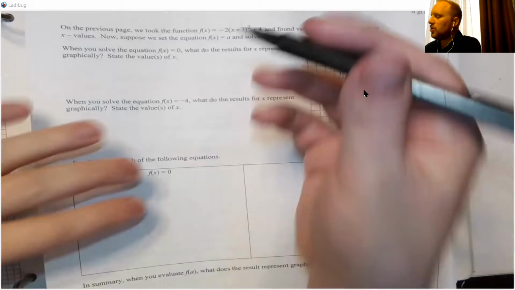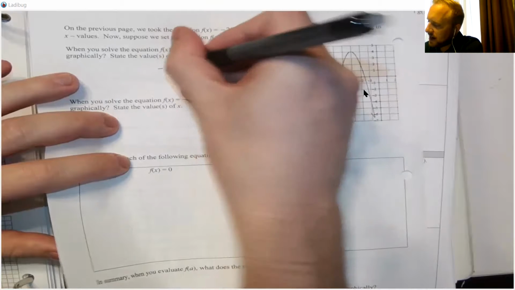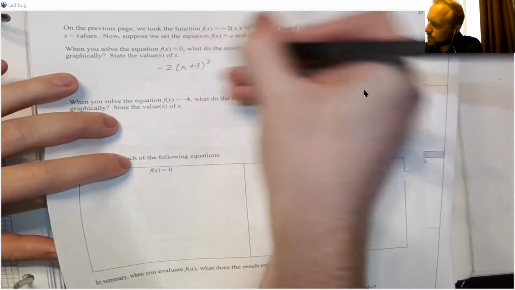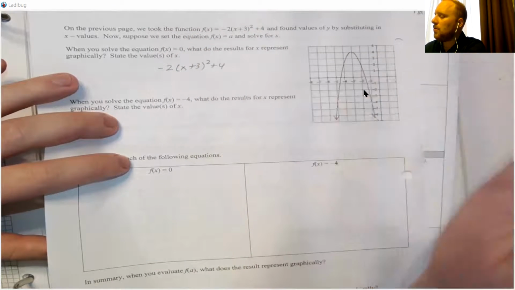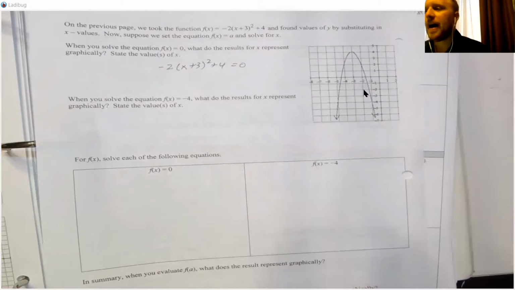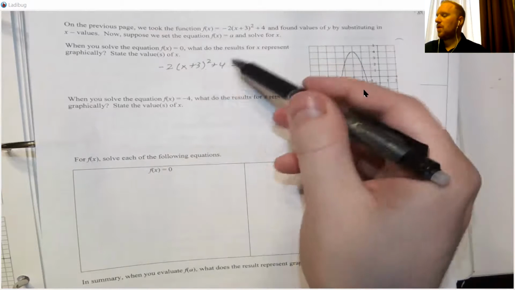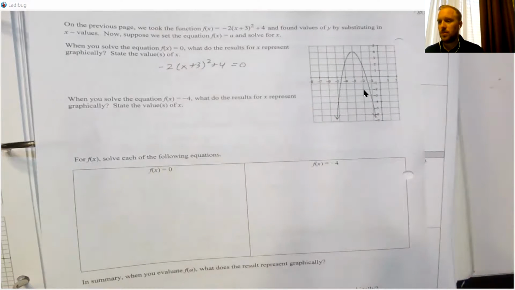So what we would do is set -2 times (x plus 3) squared plus 4 equal to 0. Now, you could find those values by putting it into your calculator, or you could solve this, which we will get to later on in this lesson.